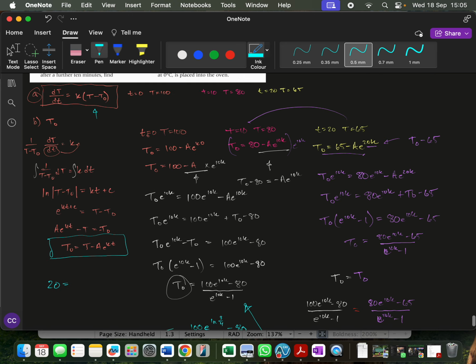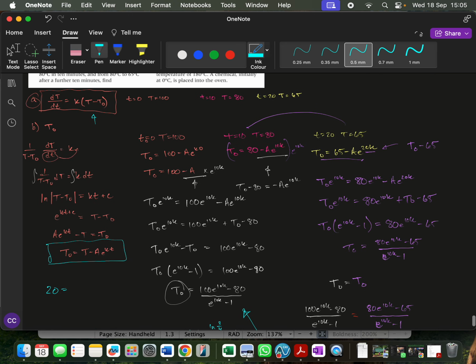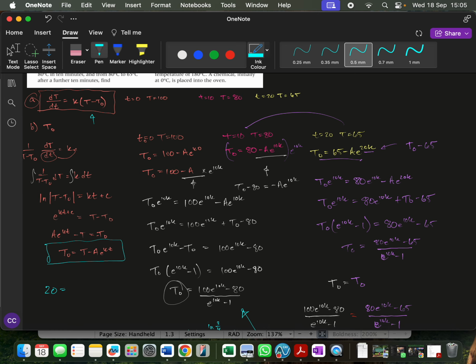So 20 is the initial temperature. I'm going to use this one right here and I'll find my value. We're after this temperature minus A e to the 1/10 ln 3/4 times 10, and we know that this is 80.